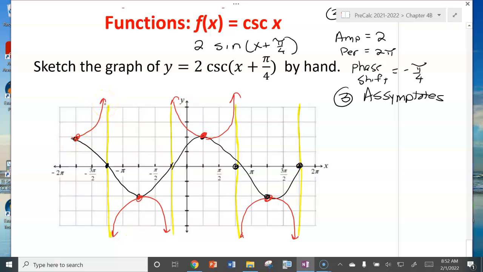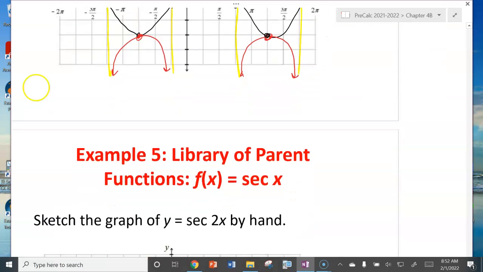And this is what it looks like. So in the red is the 2 cosecant of x plus pi over 4. And then the last step, 4, is sketch. So easy peasy. If you can sketch the sine and the cosine, you can sketch secant and cosecant.